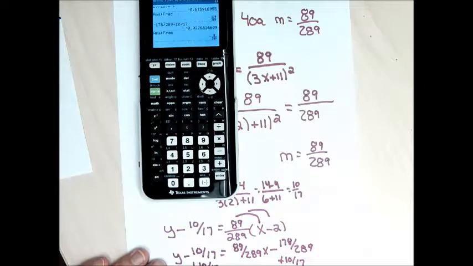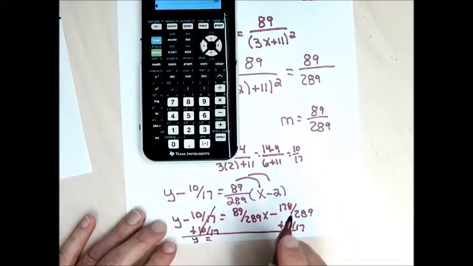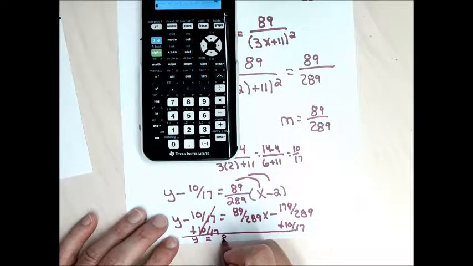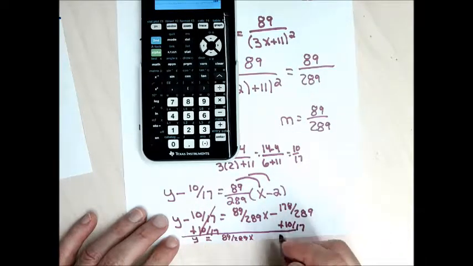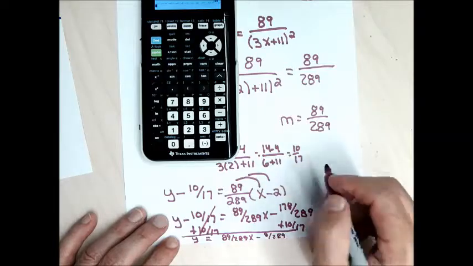So when I do the algebra, on the left hand side, the fractions cancel, I get the y's. On the right hand side, I still have the 89 over 289x. And then this part combines to be minus 8 over 289. I'll write it over here better.